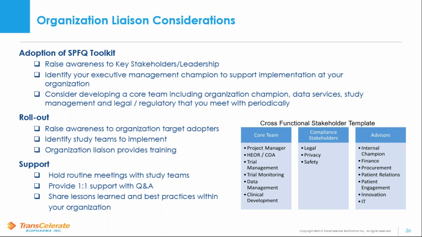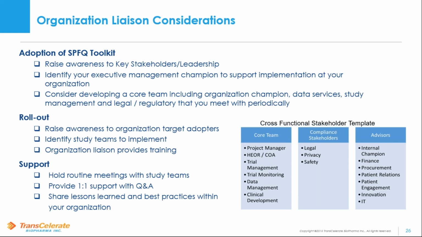So this person or committee might go to various study teams, or however it works in your organization, to talk about how there's this SPFQ Toolkit and we want to use it within our organization, and let people know about it early so that when they do start planning a study, they're already aware of it.